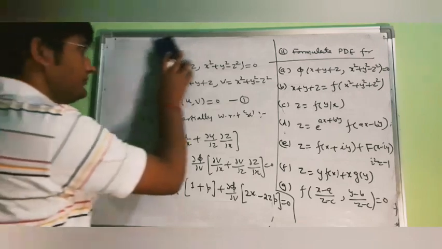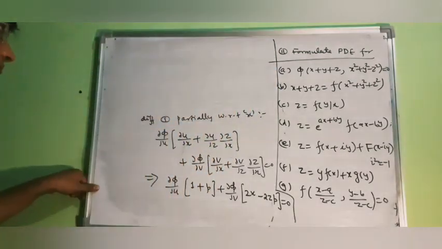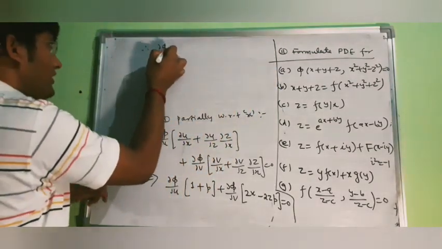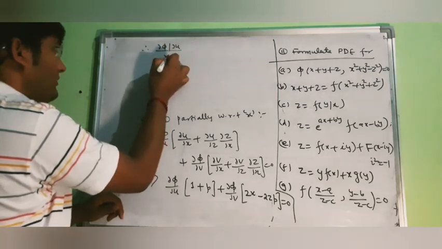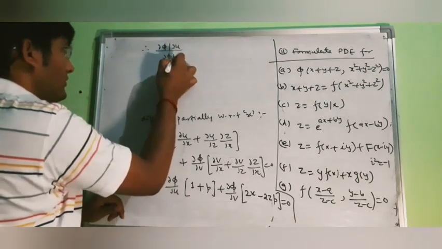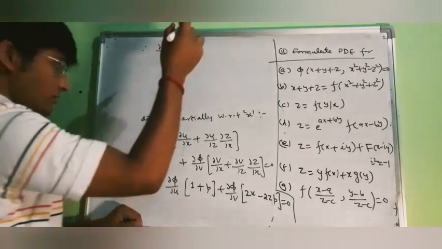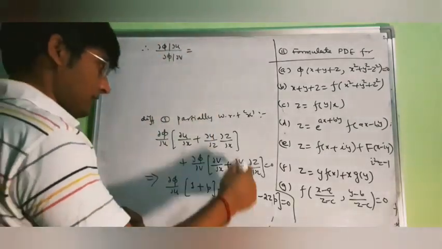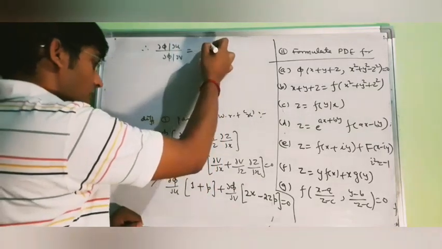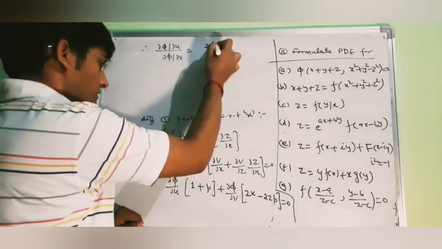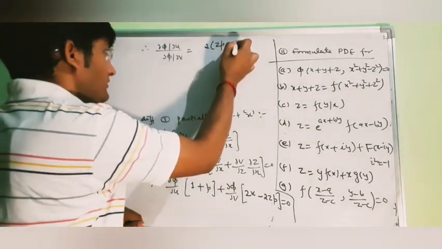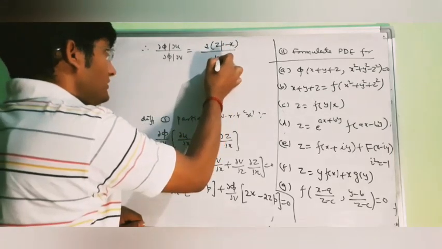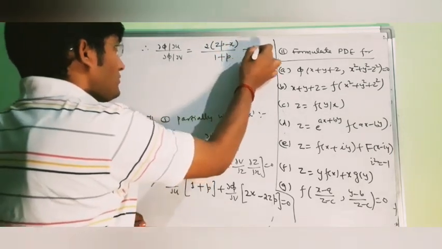Therefore, del phi upon del u upon del phi upon del v is equal to 2 times zp minus x divided by 1 plus p. So this is equation number 2.